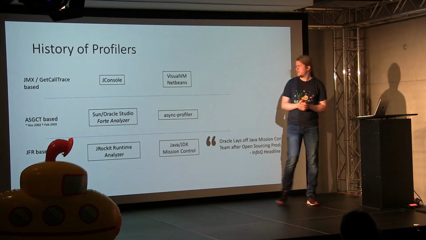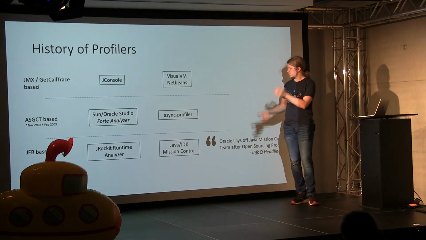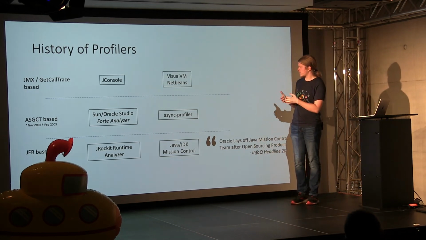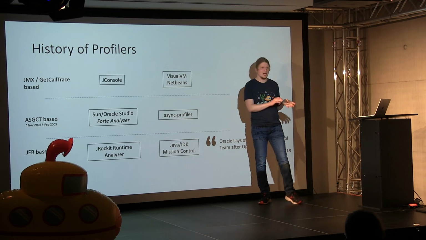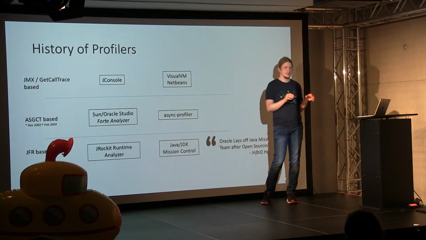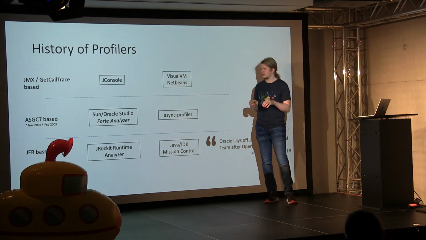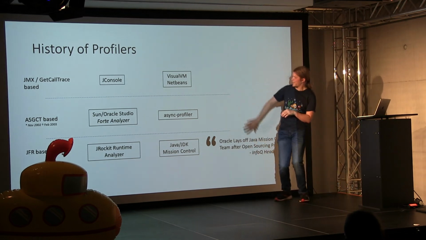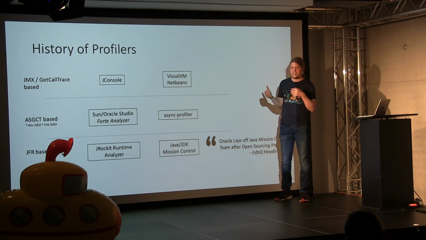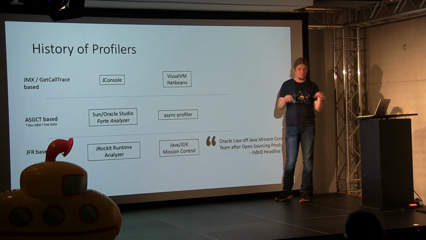And so, from these profilers, commonly used currently are Visual VM, NetBeans, Async Profiler and JDK Mission Control. There are also other proprietary profilers like JProfiler or YourKit that essentially lie somewhere in between, because they use AsyncGetCallTrace. I talked with people from both companies.